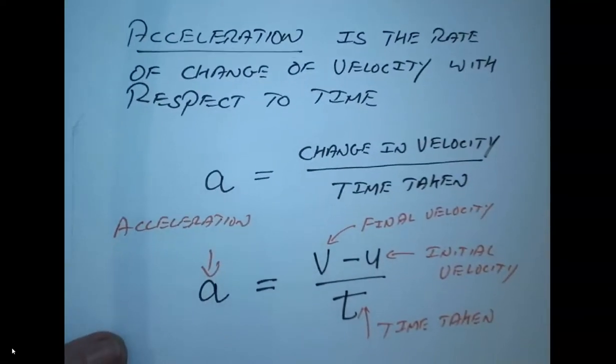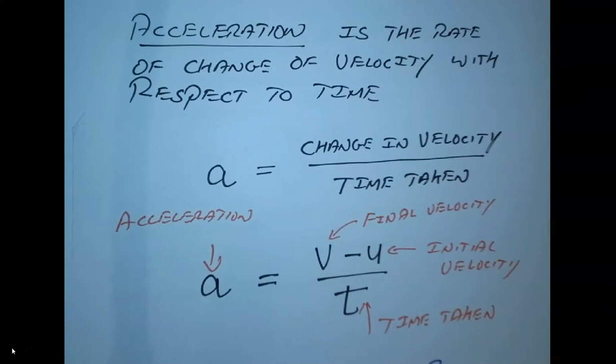And most people define acceleration with a formula, and the formula is acceleration is the change in velocity divided by the time taken. Or if we have an object that is starting with a velocity of u, ending with a velocity of v, then v minus u is the change in velocity. Divide that by the time taken, we have the acceleration.